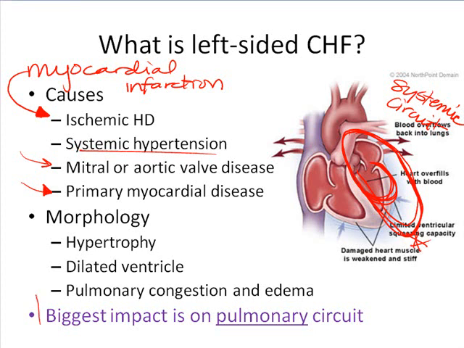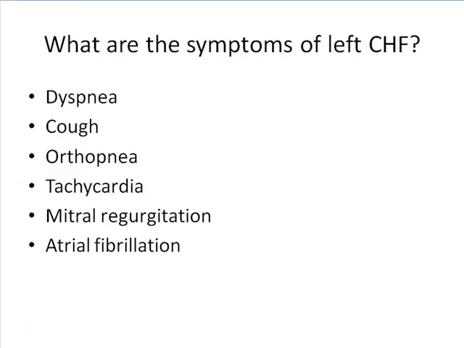So the biggest impact left-sided congestive heart failure has is on the pulmonary circuit, the lungs. That's the immediate point upstream from the left side of the heart, if you will. So people that have left-sided congestive heart failure are going to demonstrate some symptoms that are indicative of a buildup of pressure and blood in the lungs.